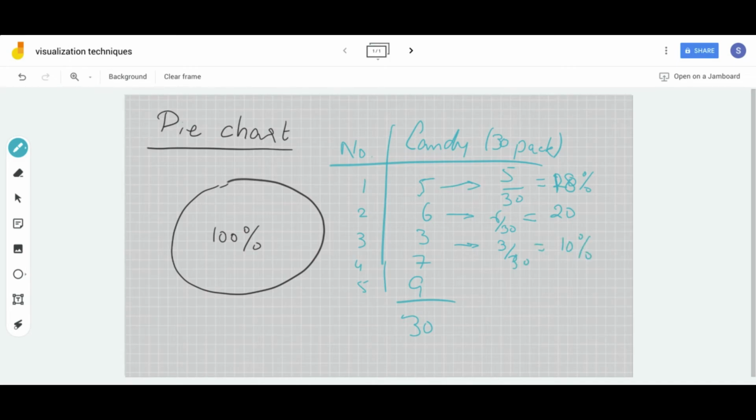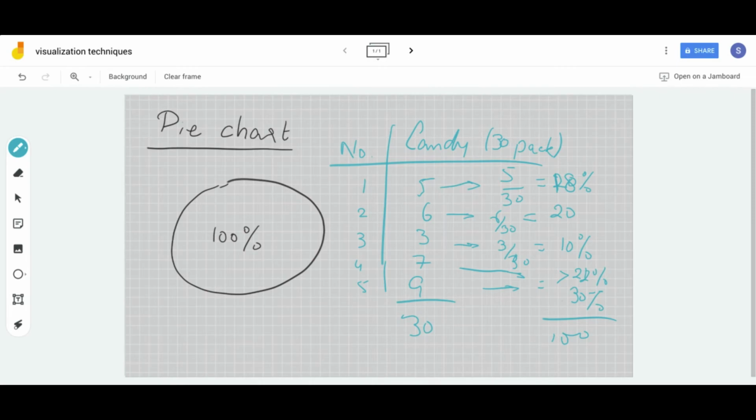And this 9 is going to be 30%, and 7 is going to be just a bit over 21%. So let's just say 22% to make everything whole. So that's 100%, I believe.